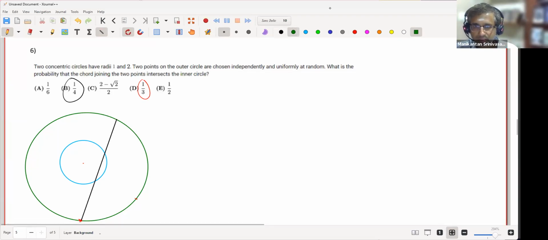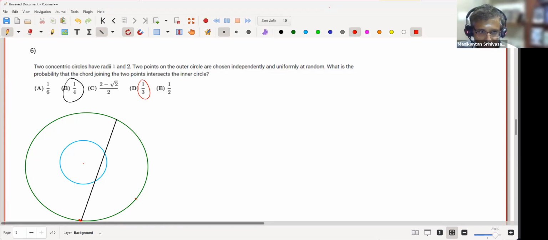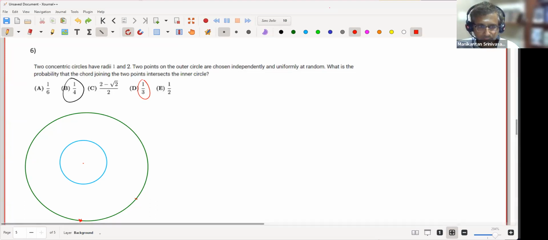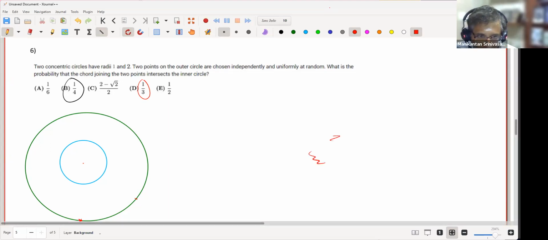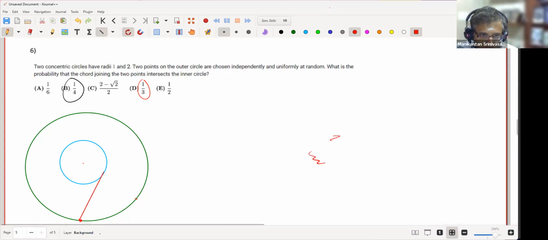So something which is like this is not to be counted. Okay. All right. So we all agree that. So the extreme case would be when it just graces through the chota circle, right? The small circle. So let's draw the just extreme case. So the extreme case would be when it just graces through tangentially.